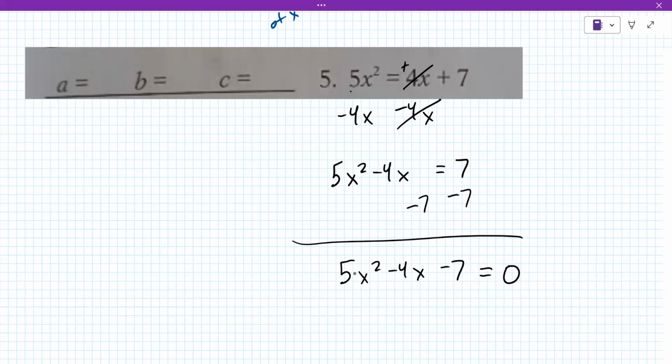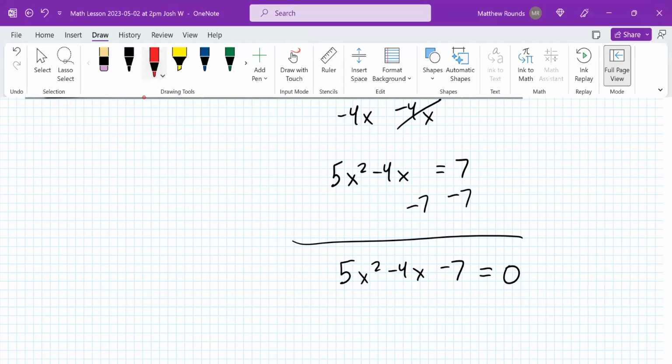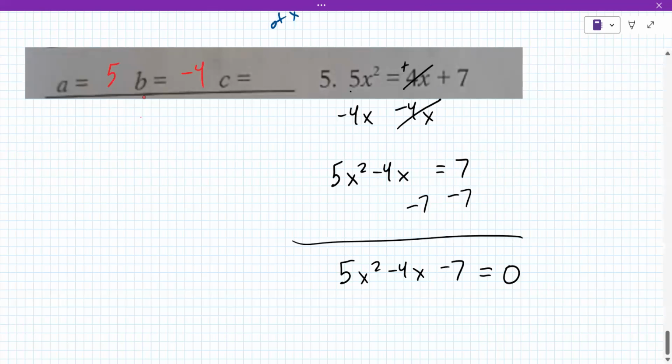Now since everything's on one side, you can now identify A, B, and C. So that would be 5, -4, -7.